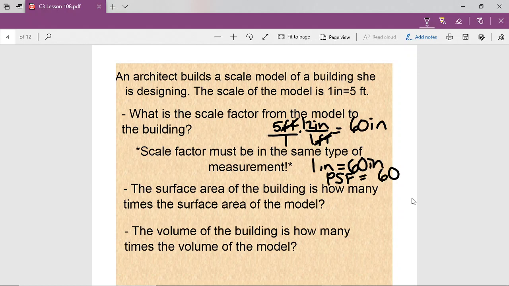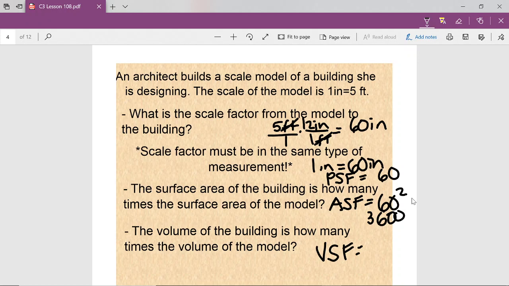So if that is true for the perimeter scale factor, what if I talked about the surface area? So area scale factor. Based on what we've learned in other lessons, how many times is that surface area compared to the original? We would do 60 squared, which you can multiply out. It should be 3,600. And so that is our scale factor. It's 3,600 times bigger than the actual model. And then we go to the volume scale factor.